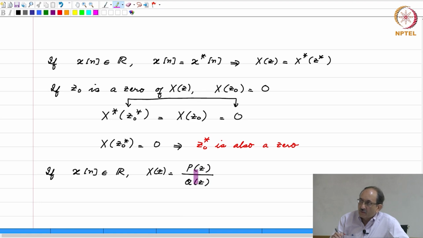And when you study theory of equations, if you have a polynomial that has real valued coefficients, you are guaranteed that the roots will be in complex conjugate pairs. So, this is another way of arriving at the same result when you know the sequence is real valued, based on the property that x of z is the same as x star of z star.